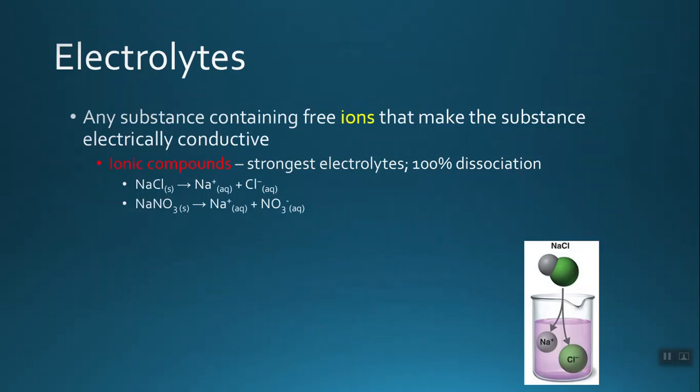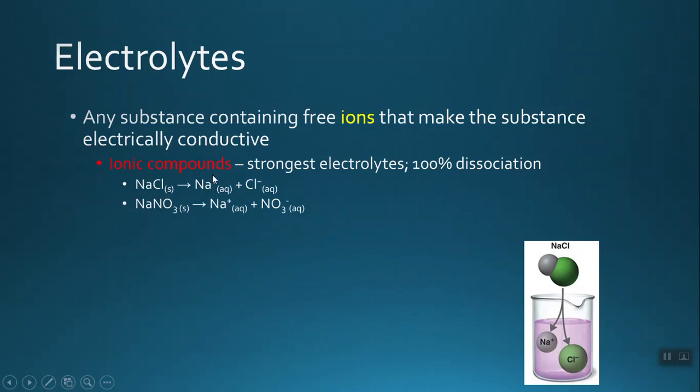Remember, ionic means that there's positive ions and negative ions, cations and anions. That's what makes an ionic compound. So if you dissolve it in water, you're going to do the opposite. You are going to separate them back into their ions. If you look at the screen, sodium chloride splits into sodium ion and chloride ion. This is sodium nitrate: sodium ion and nitrate ion.